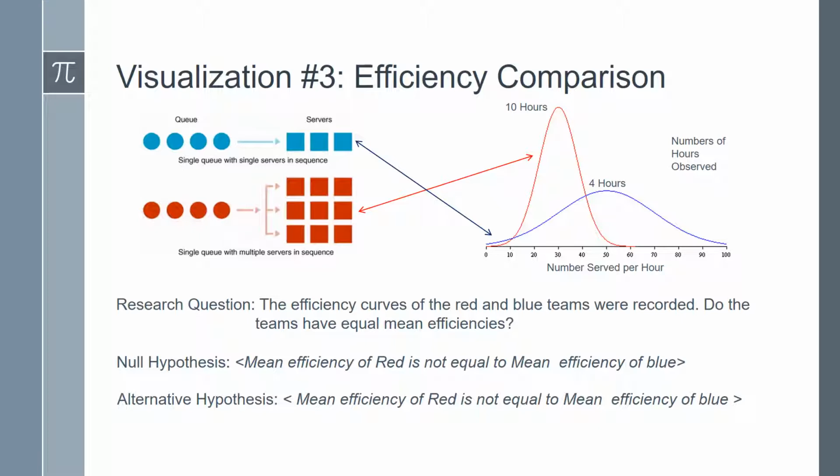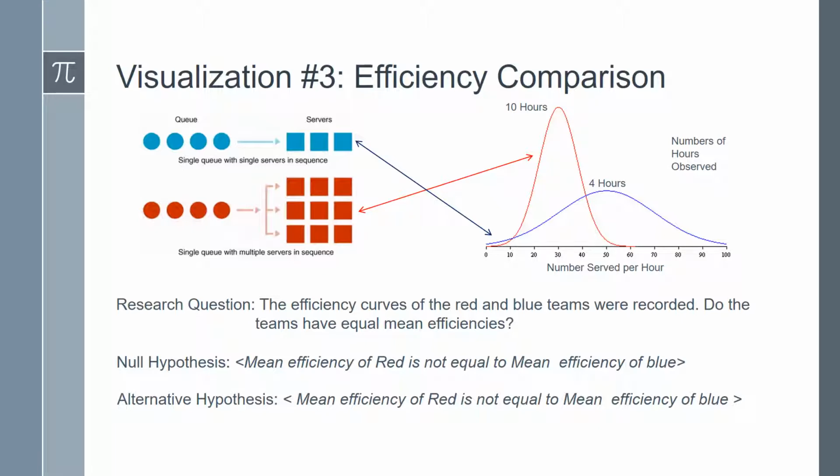Here is the question: are the mean efficiencies of the red and the blue equal, the same, or different? Are they statistically different? For that, we can set up a very easy hypothesis model. The null hypothesis is that the mean efficiency of the red is not equal to the mean efficiency of blue.